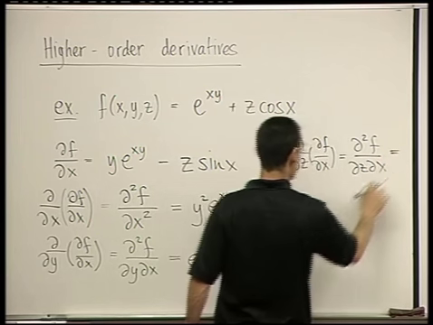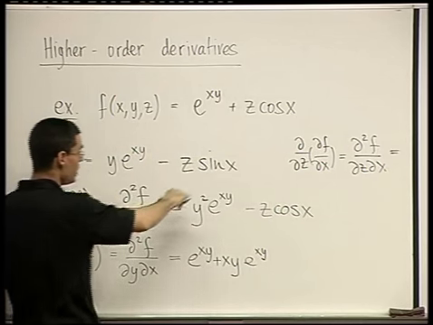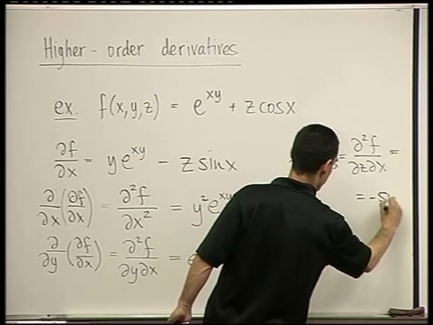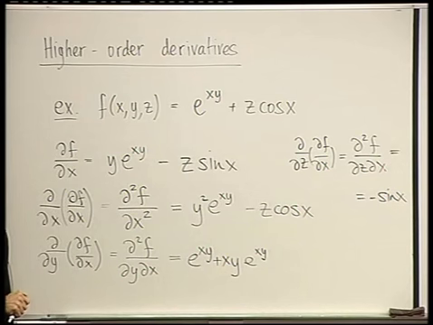And what is it? What do we get? This is z-less. No z's here. So we just get minus sine of x. Does everybody agree? So how many more partial derivatives of order 2 can we calculate for this function?